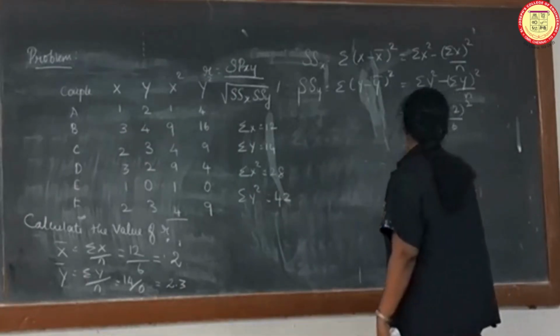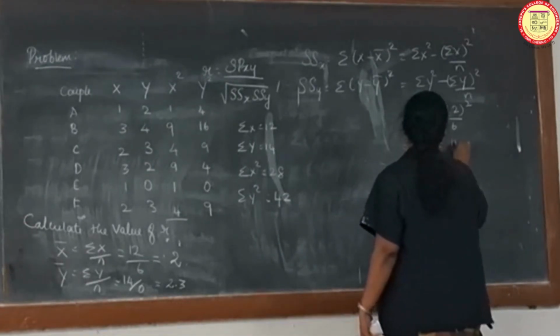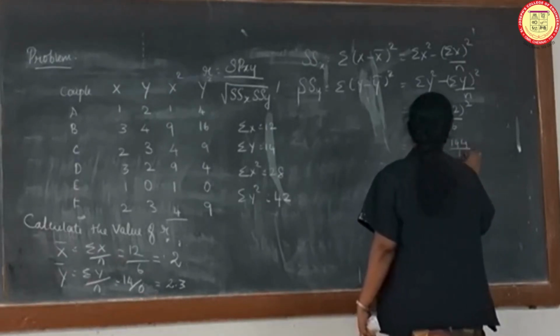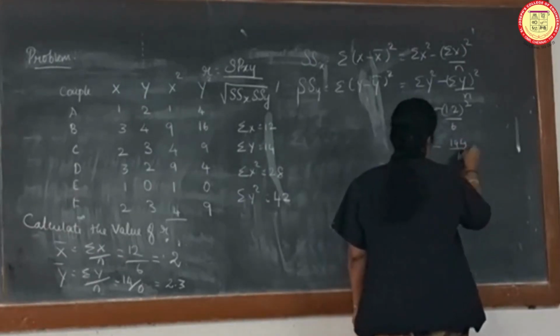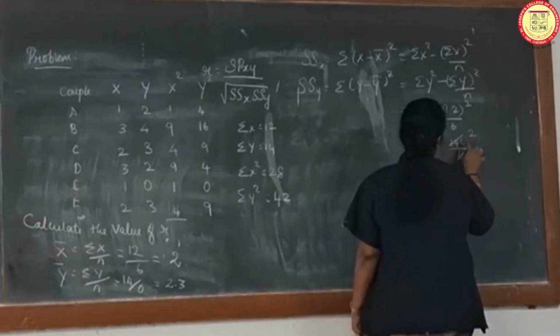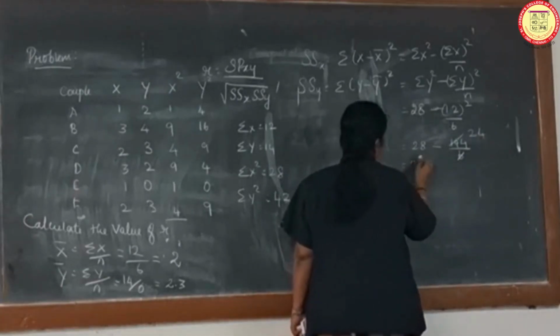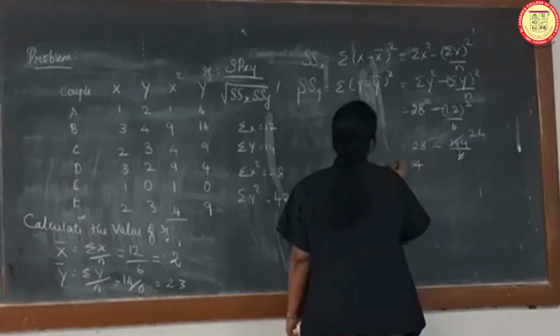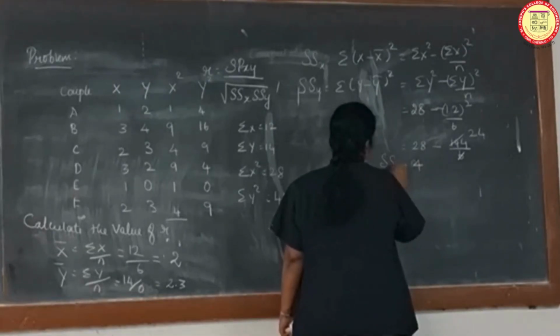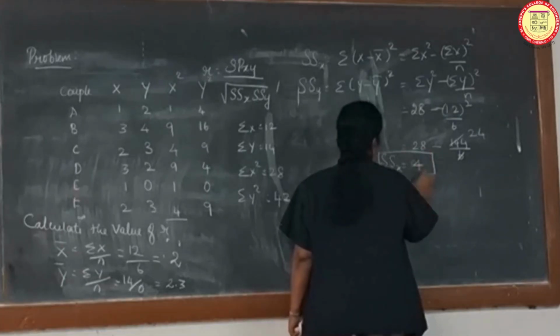Okay, so what is the answer? 28 minus 144 divided by 6, which is 28 minus 24. So the answer is 4. So SSX is equal to 4.